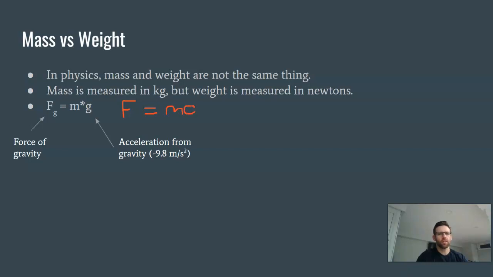But g is just a way to say the acceleration from gravity. It's a very specific type of acceleration. And again, that acceleration is negative 9.8 meters per second squared.